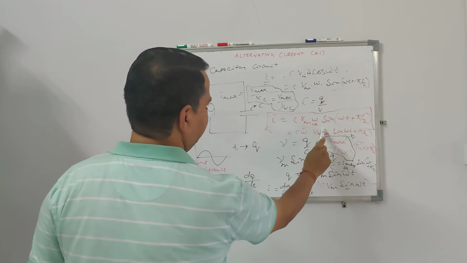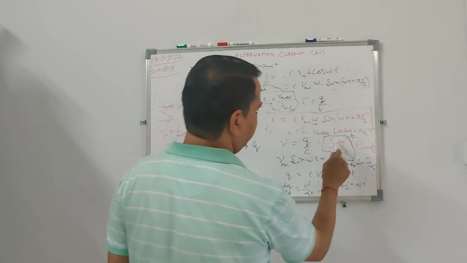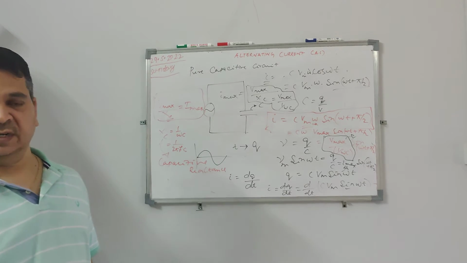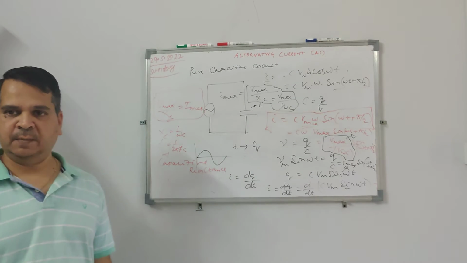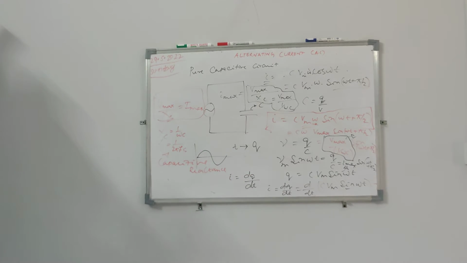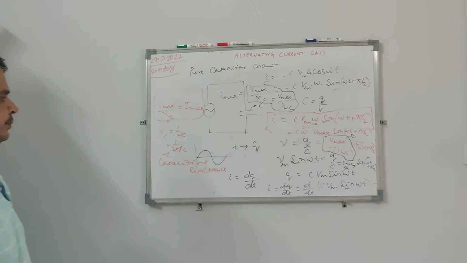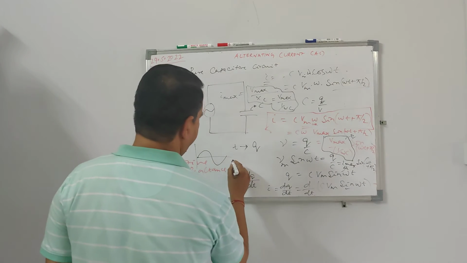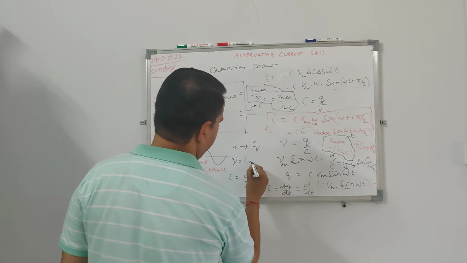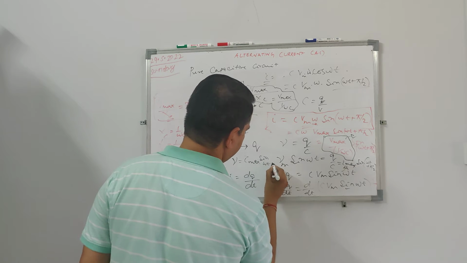So this Vmax divided by 1 by omega c is nothing but your voltage by your capacitive reactance. So Vmax by capacitive reactance is nothing but your Imax. So I becomes, that is actually the general equation. In the case of a capacitive circuit, I is equal to Imax into sin(omega t plus pi by 2).